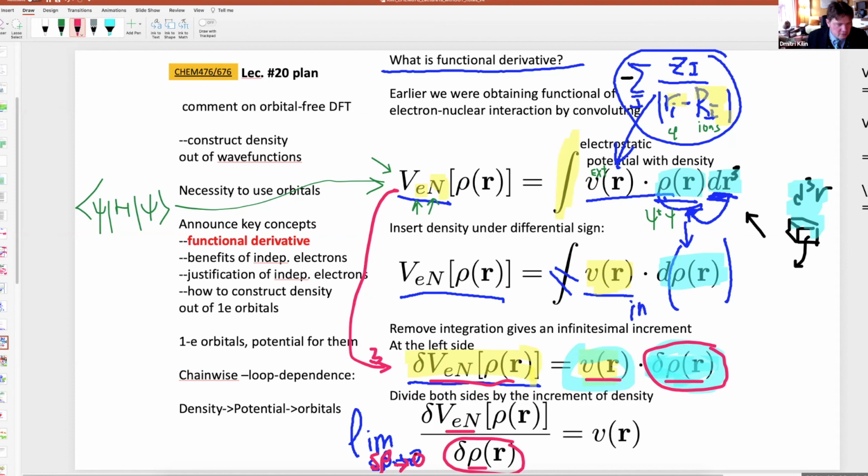Not a function, but a functional derivative. So by the functional derivative of energy with respect to density, one is getting the external potential.